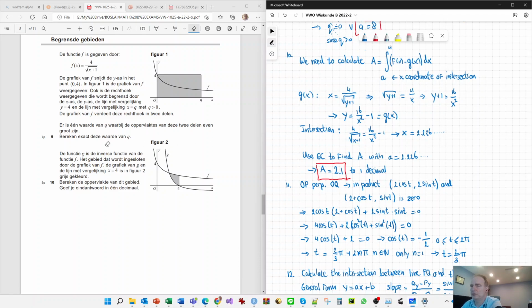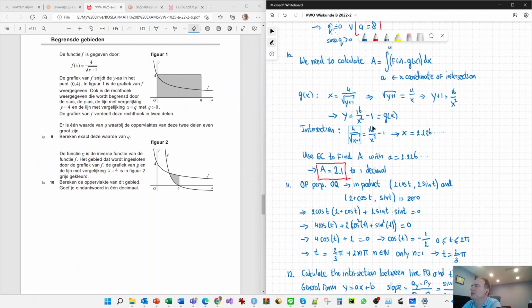Okay, one thing I should have mentioned here, they don't say you need to give an exact answer. As a matter of fact, you can approximate it to 1 decimal. And usually it means that there are certain expressions where you'd better just use the graphic calculator. Wherever it saves you time, and the expressions are not too tough to put in, just use the calculator to find what your x is.